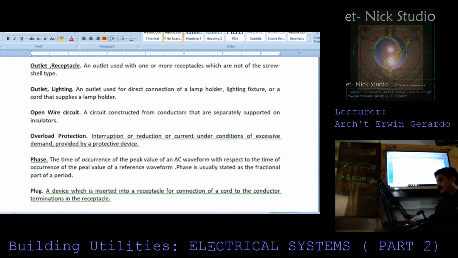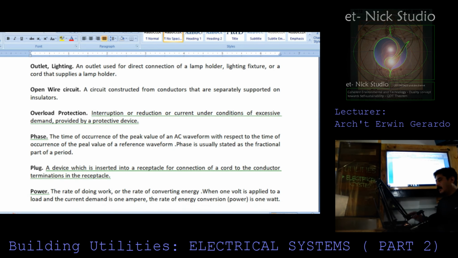Outlet, intended for lighting, an outlet used for direct connection of a lamp holder, lighting fixture, or a cord that supplies a lamp holder.